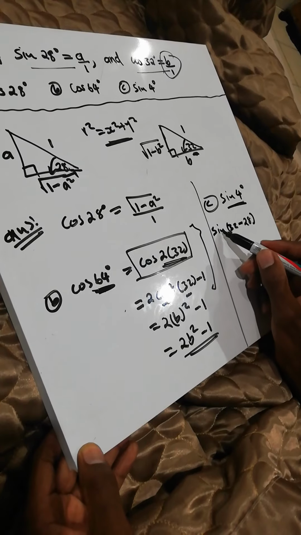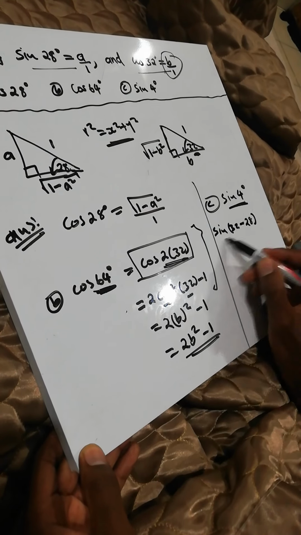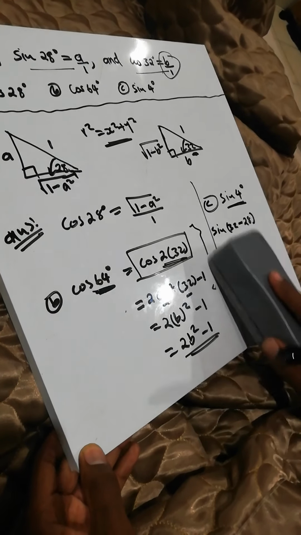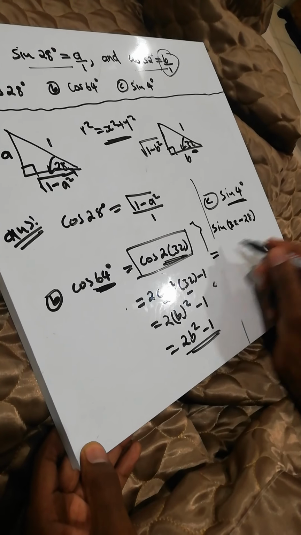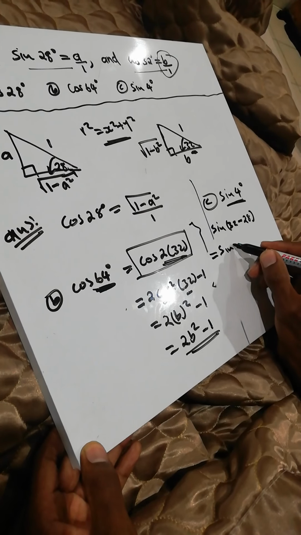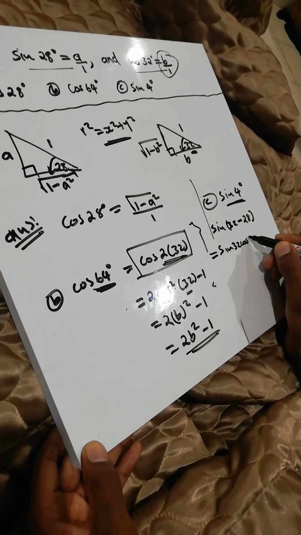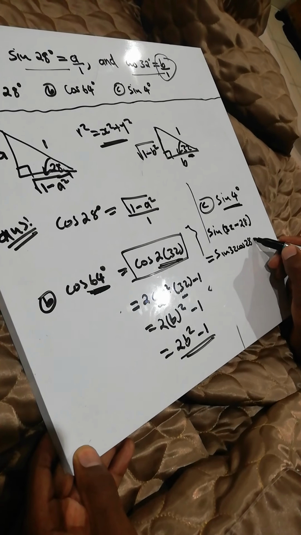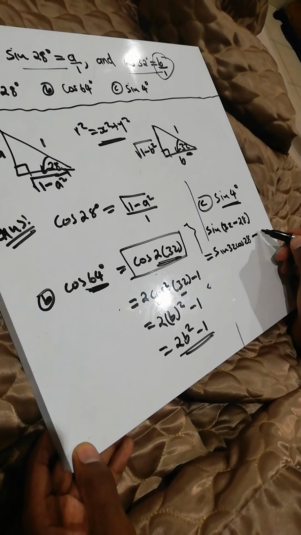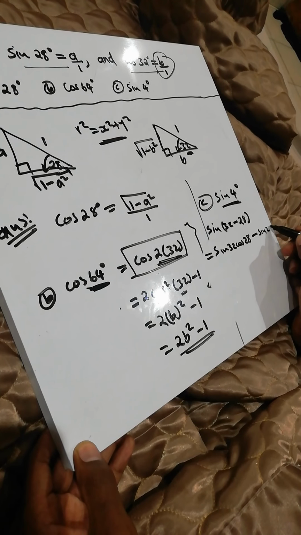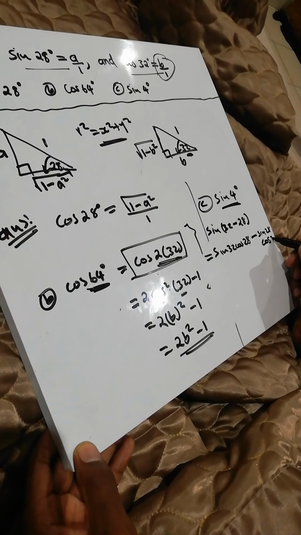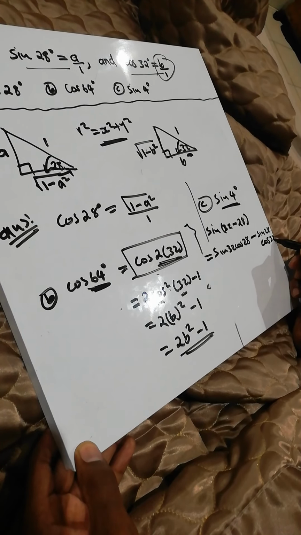According to compound angles, the expansion of sine is going to be sine of 32 cos of 28 degrees, we keep the sine the same, minus sine of 28 degrees cos of 32 degrees.